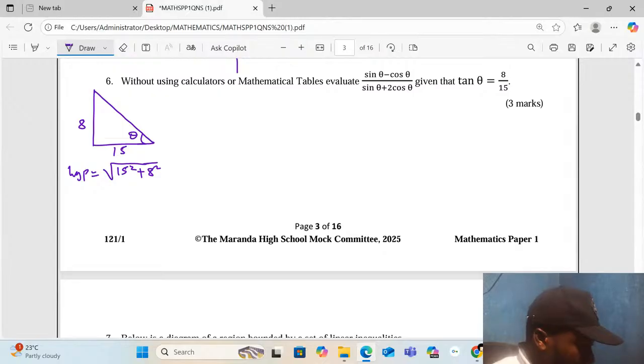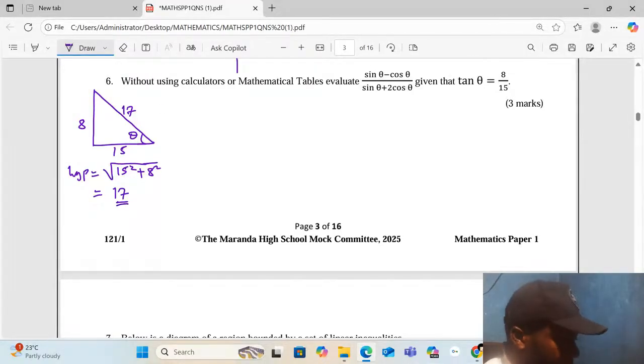So this is what you're going to get: 17 as the value of the hypotenuse.